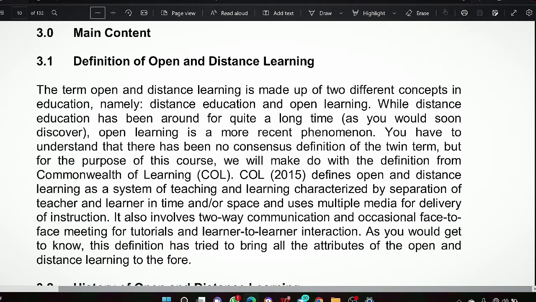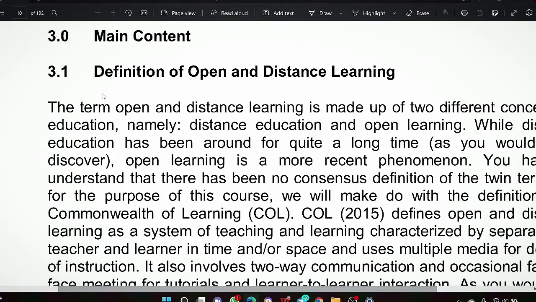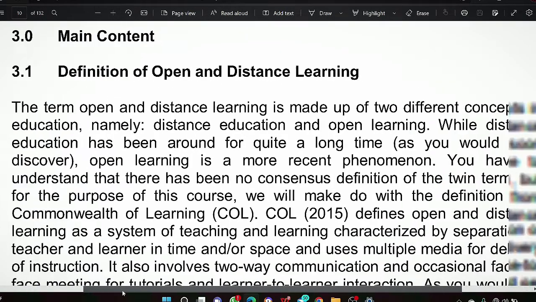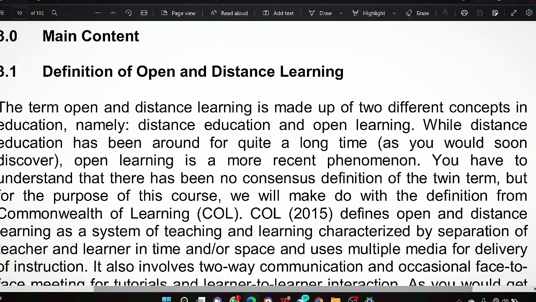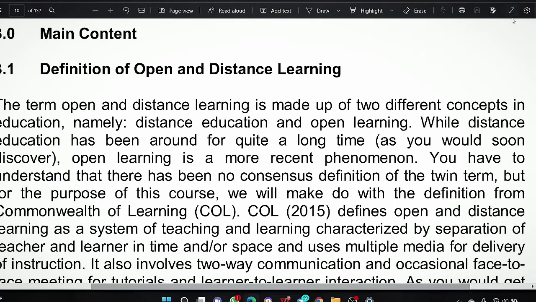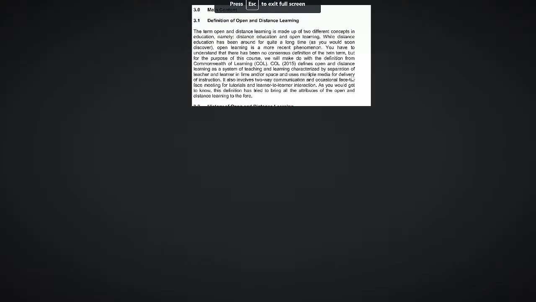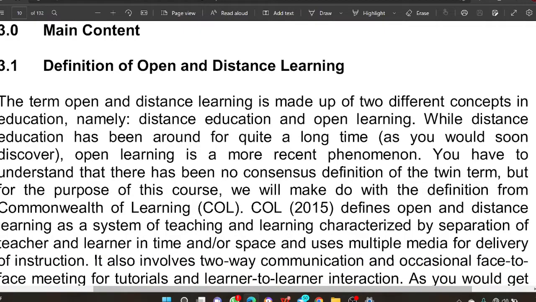Now let's go straight right into it. Definition of open and distant learning. The term open and distant learning is made up of two different concepts in education, namely distance education and open learning.